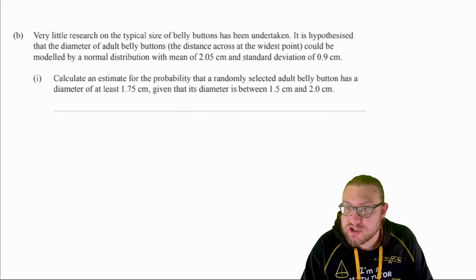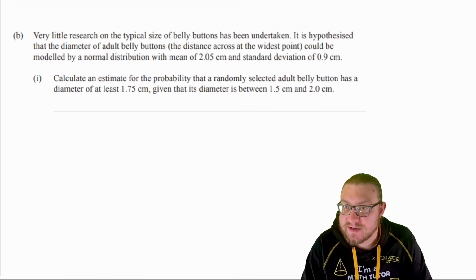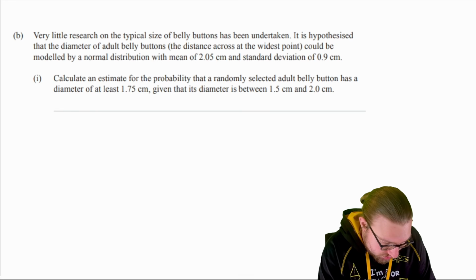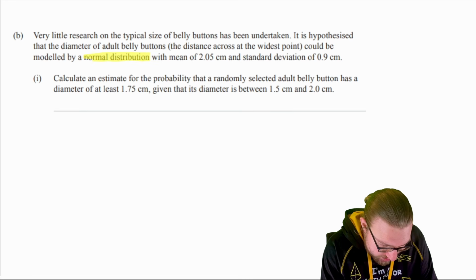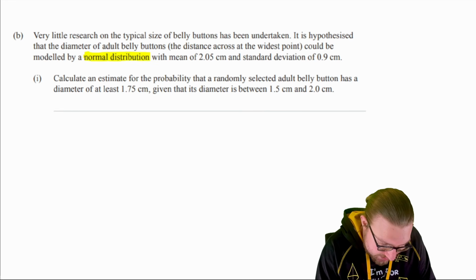Very little research on the typical size of belly buttons has been undertaken. It is hypothesized that the diameter of an adult belly button, the distance across the widest point, could be modeled by a normal distribution. Okay, so we definitely have a normal distribution question now, and they're telling us the mean and the standard deviation.